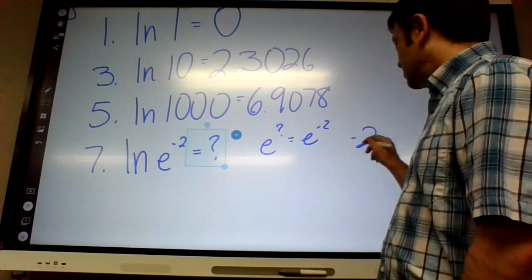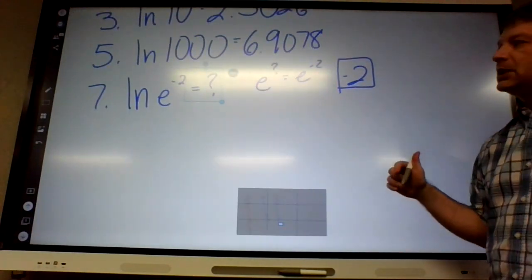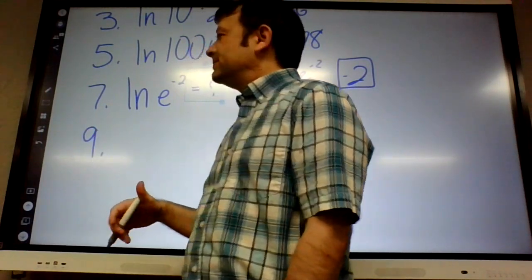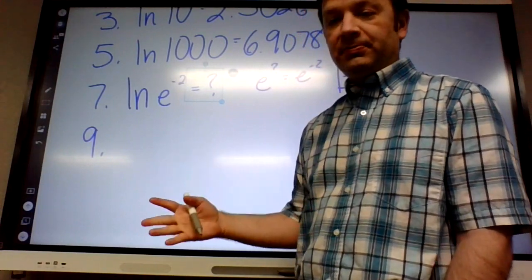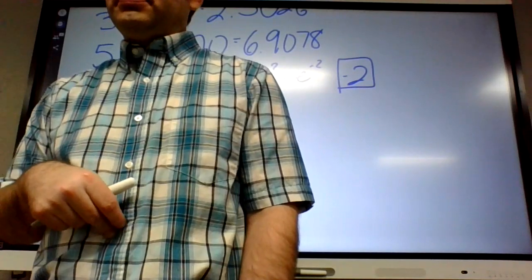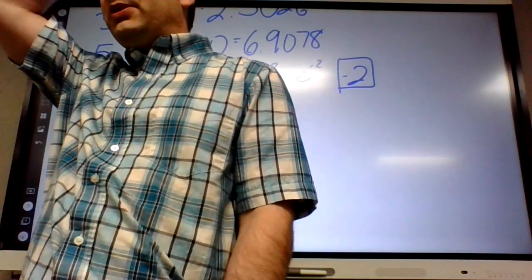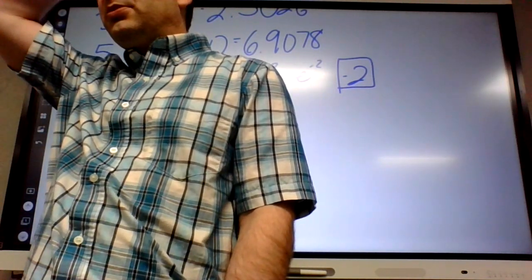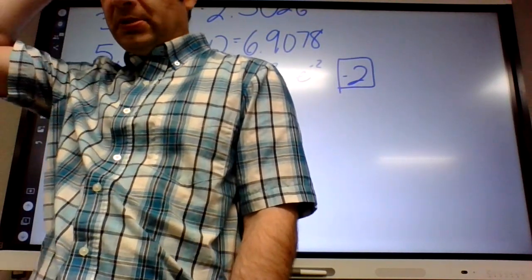Negative. Kind of. Well, they're trying to get you to understand logs a little bit better, like how the exponents and bases are working in it. On 8, that would be e cubed root of e squared is e to the what? 2/3. So it's like e to the what equals e to the 2/3.